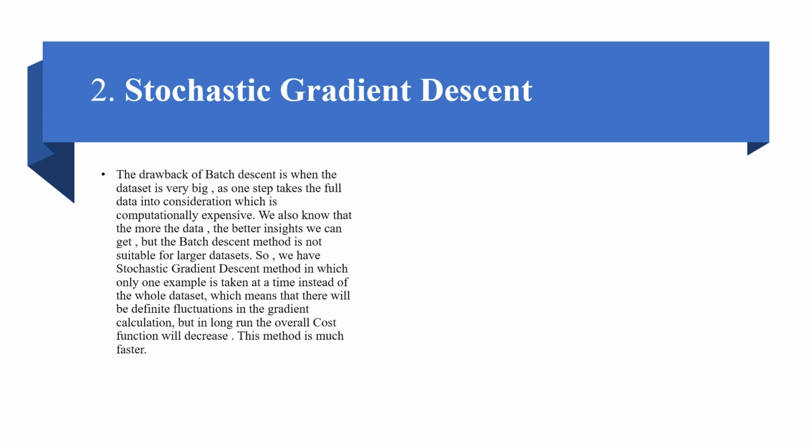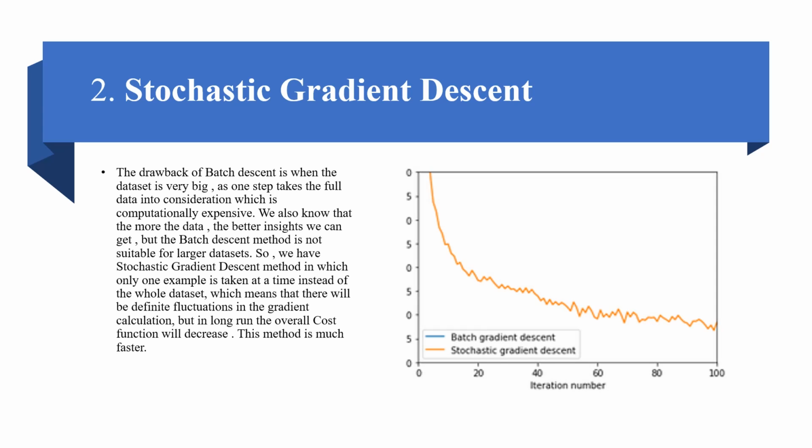All right, and the next one is stochastic gradient descent. As I said, the drawback of batch descent is taken into consideration here. We all know that the more the data, the better the insight you will get. But in the stochastic descent method, we are taking only one example or one iteration this time, instead of the whole data set which we take in the batch gradient descent method.